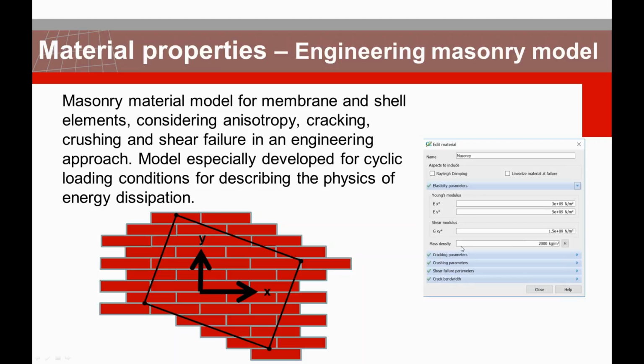And what is important here, we have defined a new setup here, linearize my material at failure. Since our implementation is based on the finite element, our model is continuum, no more discrete. If there is a failure happening in one of these elements, the program transfers that behavior to linear, and you can continue doing the analysis, and therefore you can nicely capture the expansion of the failure in your structure without divergence.